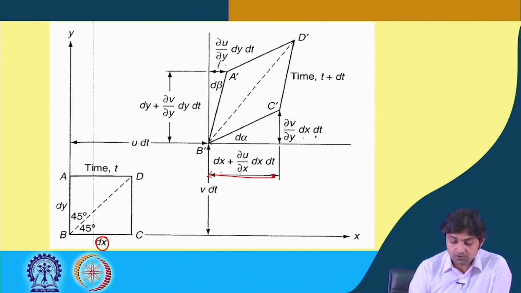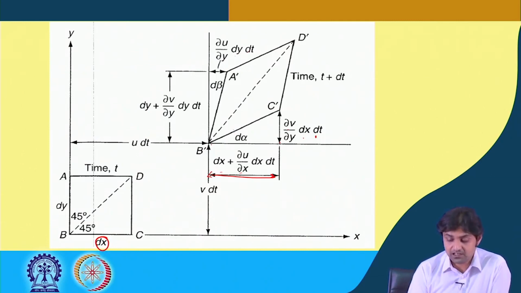Similarly, from here to here, you see dy, it was already at y. So this length is dy plus the rate of change of v in y direction. So del v del y into dy dt. All right. Similarly, this will be only del u del y into dy dt. I hope you have understood.